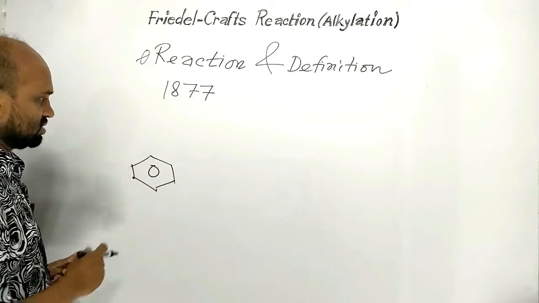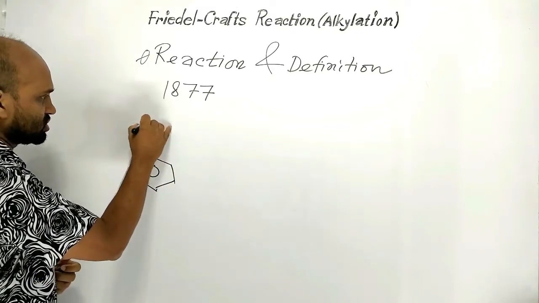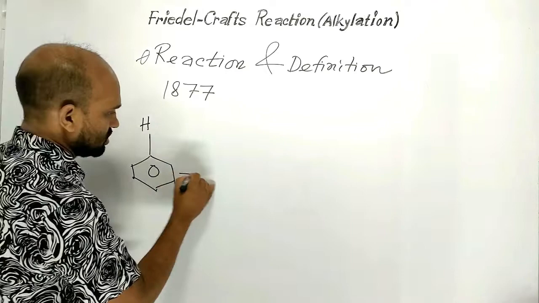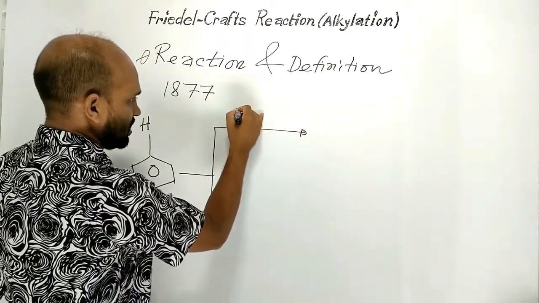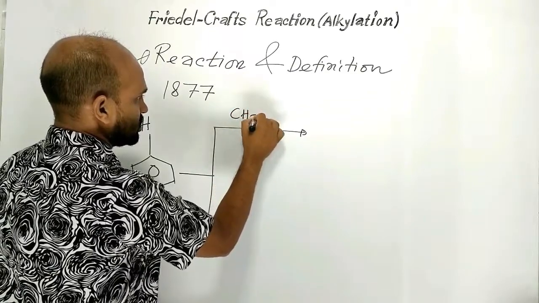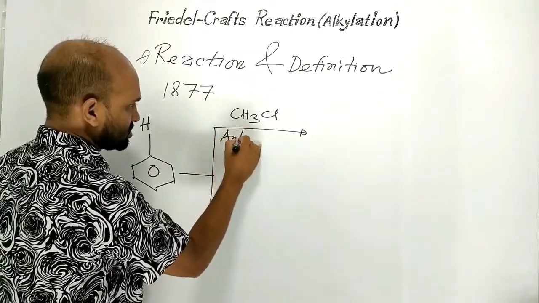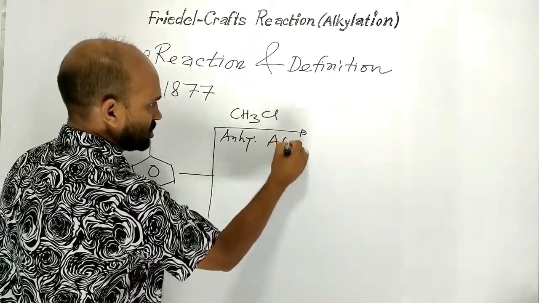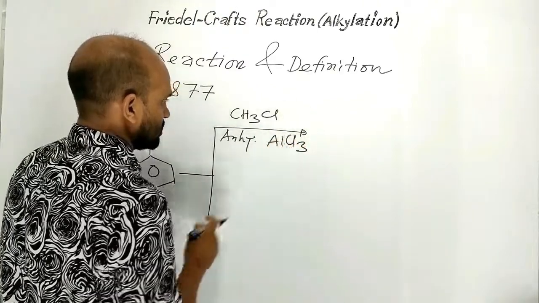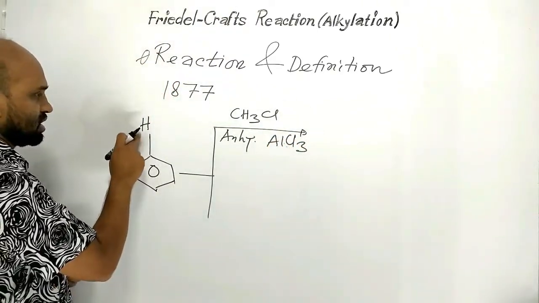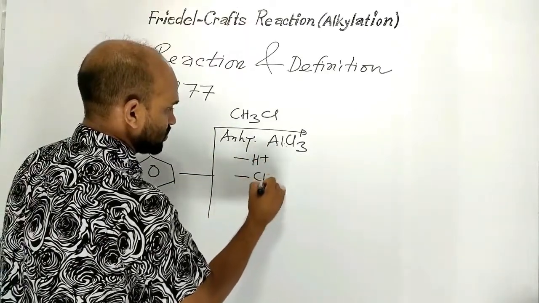This is benzene. Each carbon atom carries one hydrogen atom. When this benzene is treated with alkyl halide like methyl chloride in presence of anhydrous aluminum chloride, then this hydrogen is replaced by methyl group.